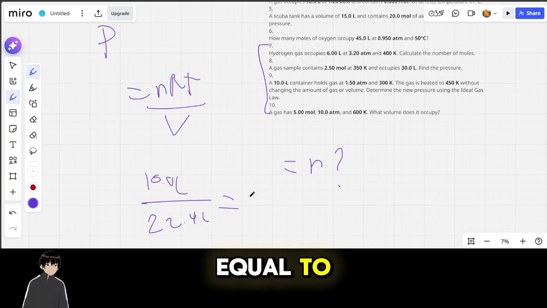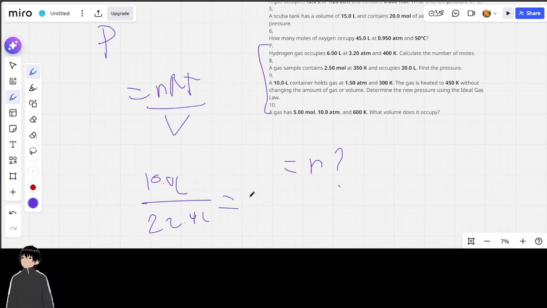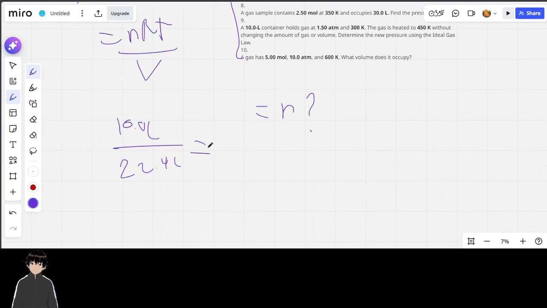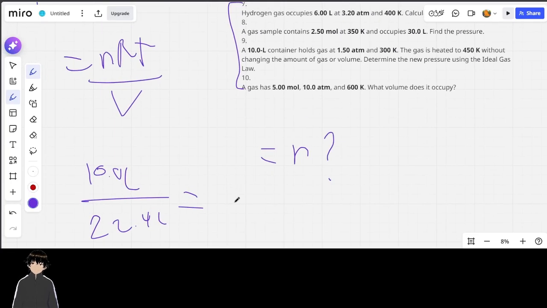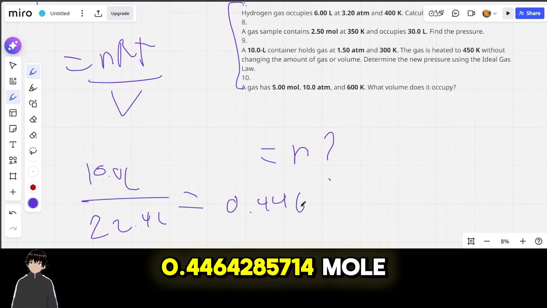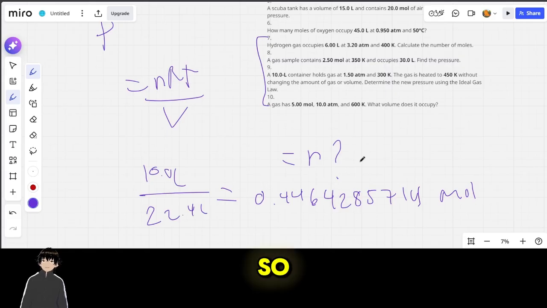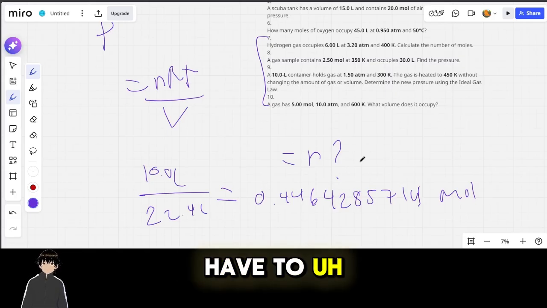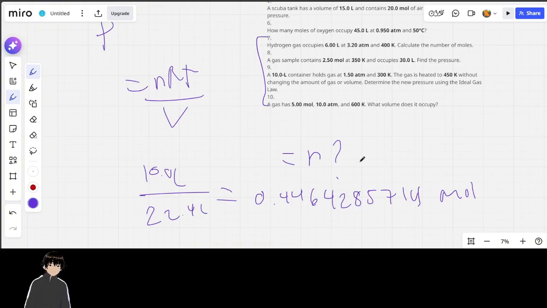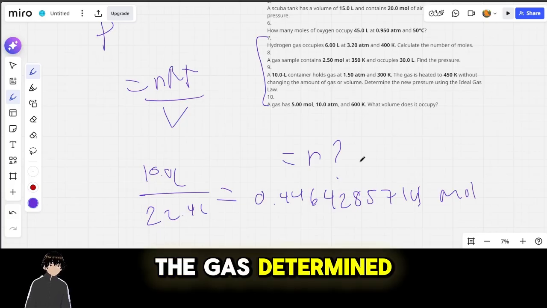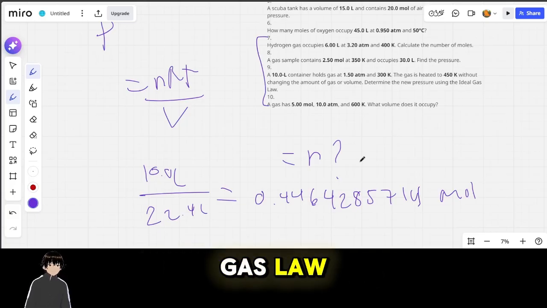That's going to equal 0.4464285714 mole. So now we just have to solve. Determine the new pressure using the ideal gas law.